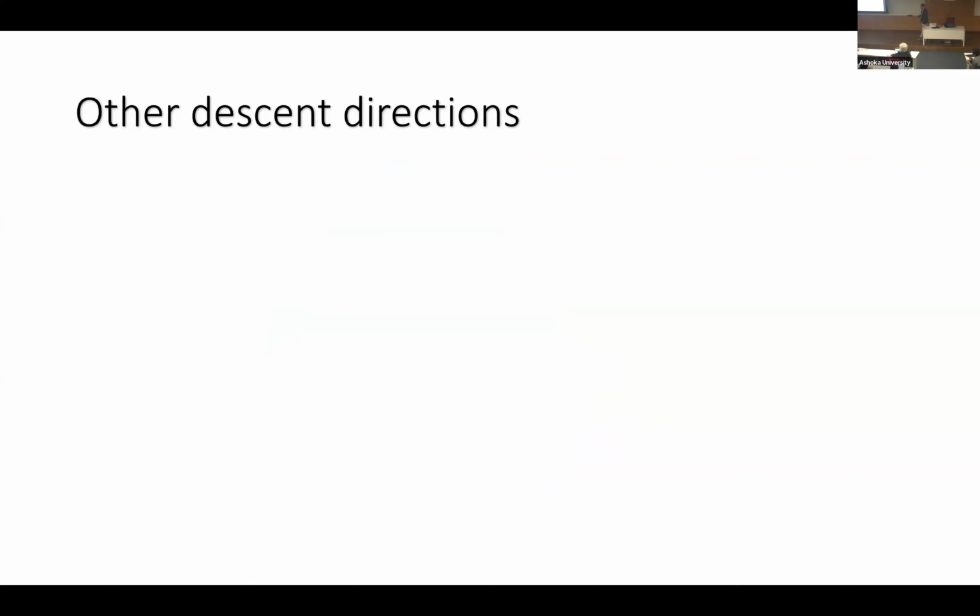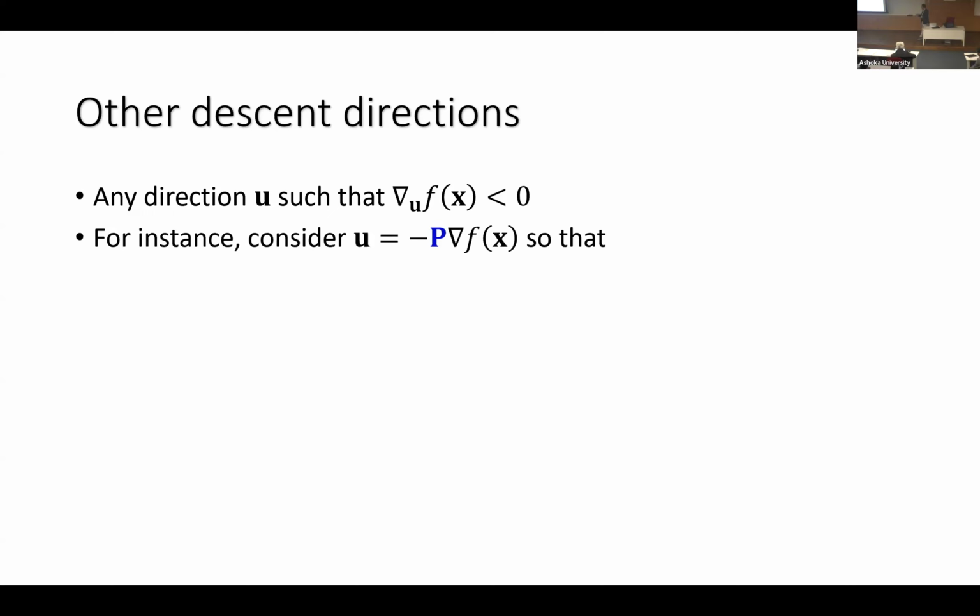There can also, of course, be other directions where the function will decrease or increase, which are not the same as the gradient. What are those directions? For example, essentially any direction u such that the directional derivative is less than 0 means that the function is decreasing. So for example, u equal to minus P times the gradient, where P is a matrix, so it is a matrix-vector product.